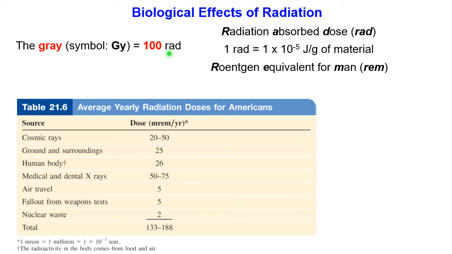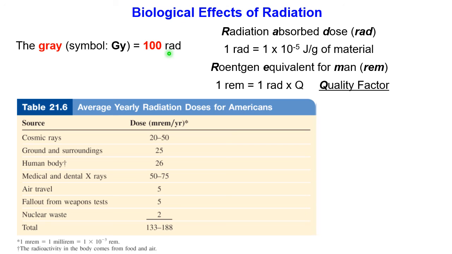Also common is the Röntgen equivalent for man, REM, which is close to 1 rad. Q will be the coefficient, quality factor.